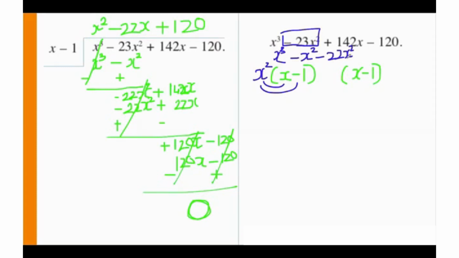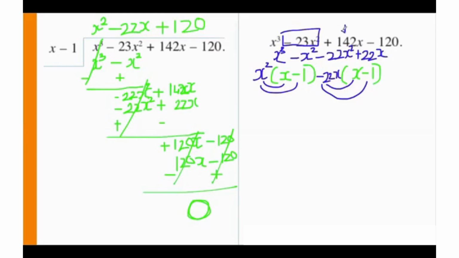This new addition, I must get it from below. So minus 22x square, if I want to get it from below, I need to multiply minus 22x with minus 22x into x will give me minus 22x square, but minus 22x will also multiply with minus 1, so we get positive 22x.